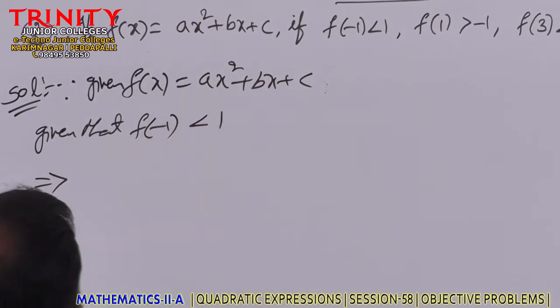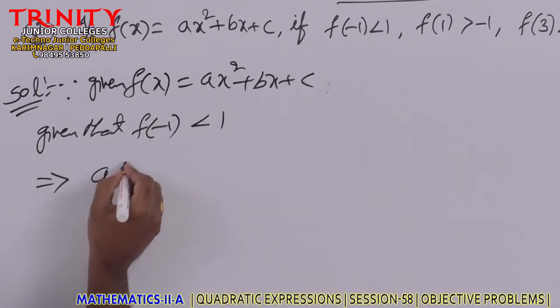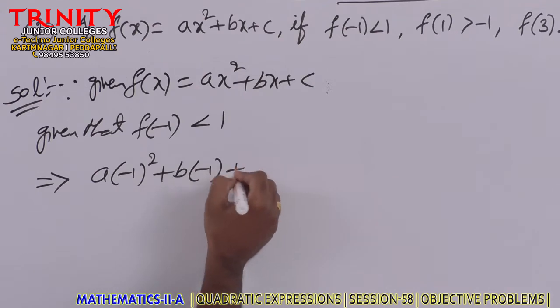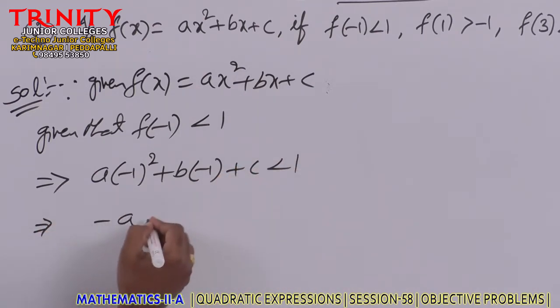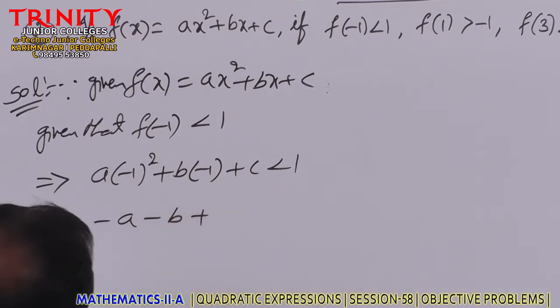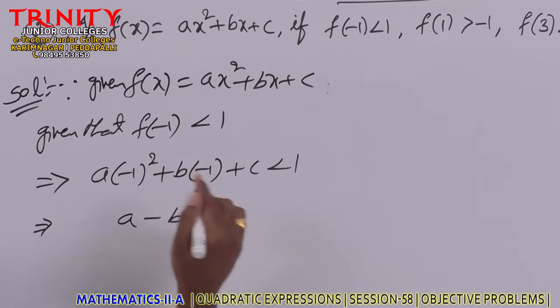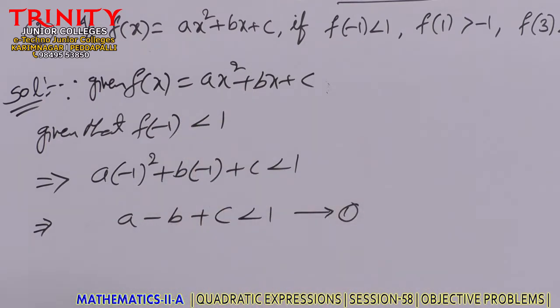Replace x is equal to minus 1 in f of x. We will get a into minus 1 whole square plus b into minus 1 plus c less than 1. Minus 1 whole square, that is plus 1. So a minus b plus c is less than 1. Take this one as equation number 1.